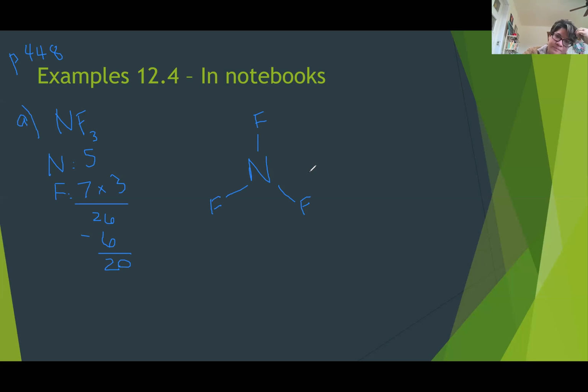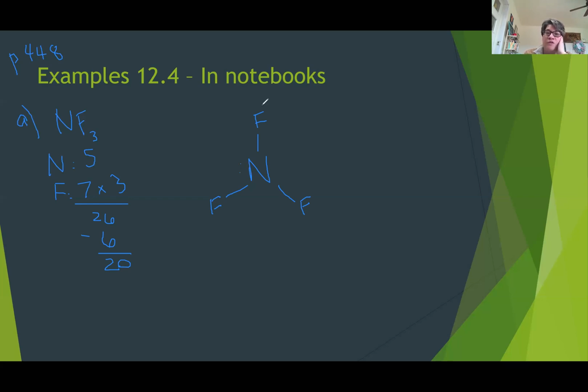And where am I going to put those 20? Well, I know that my 3 fluorines are going to need 6 electrons each. And that's going to take care of 18. And then my nitrogen needs 1 pair. So I think I can just put all these electrons on right now. I'm going to put that one there.